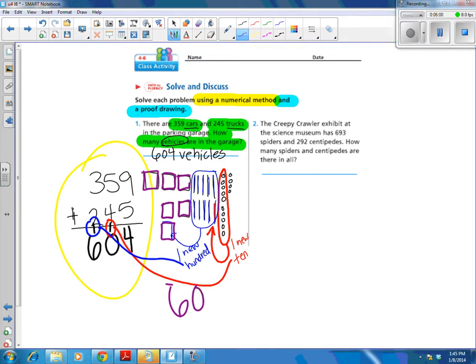So I have 0 10 sticks. And I traded all of these 10 ones in for a 10 stick earlier. So all that's left are here, those 4. 1, 2, 3, 4. So I came up with 604 when I solved it the numerical method, and I came up with 604 when I did my proof drawing.